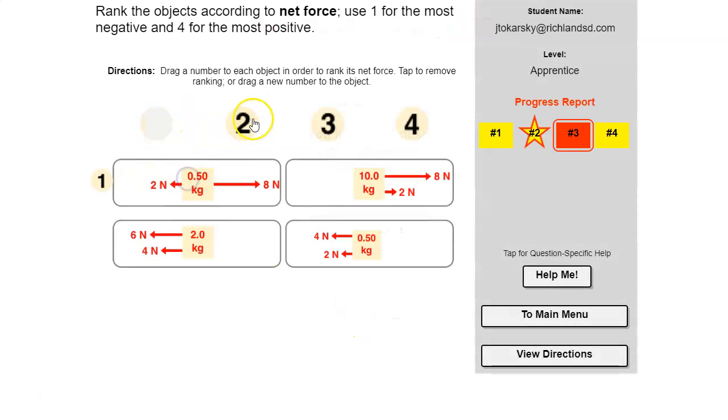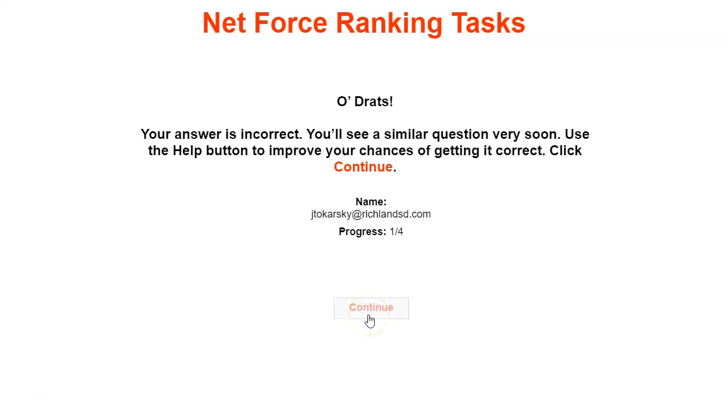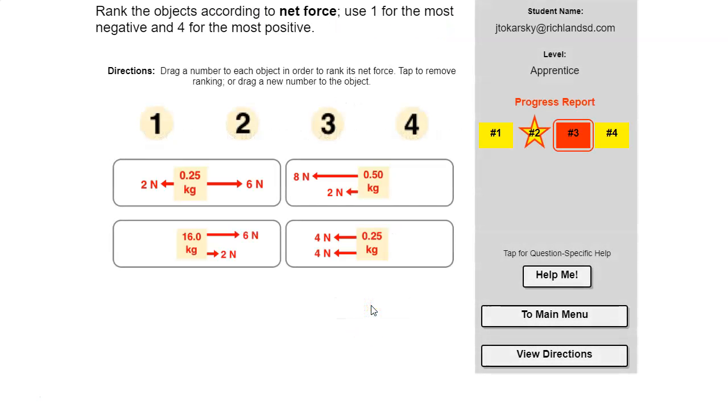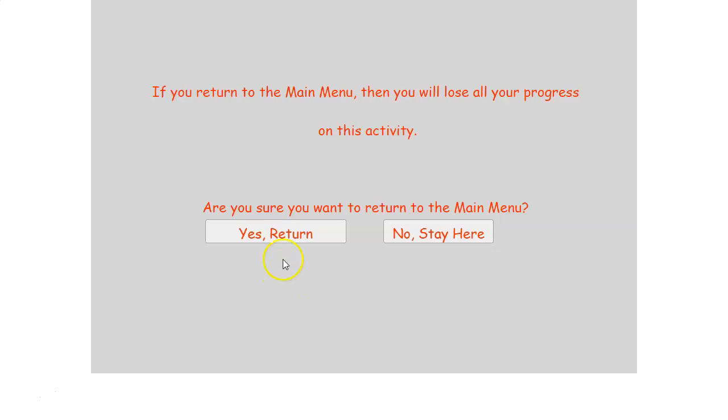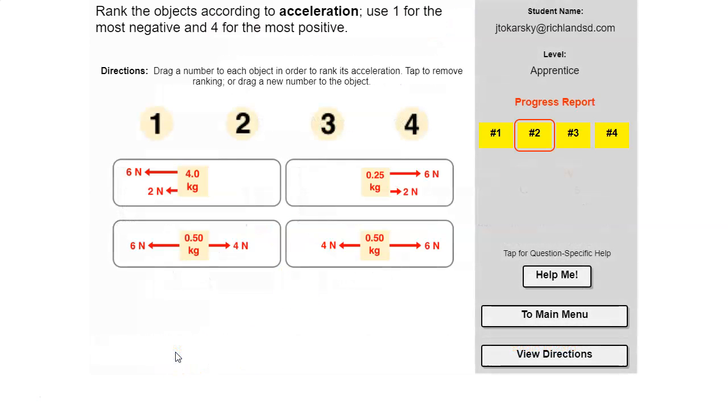This thing's being stubborn on me. I'm actually going to view the main menu and return and see if I get an acceleration one. There we go.